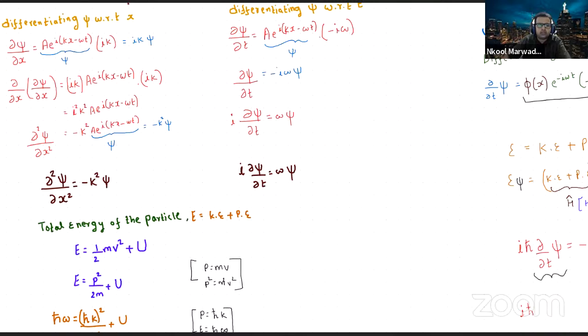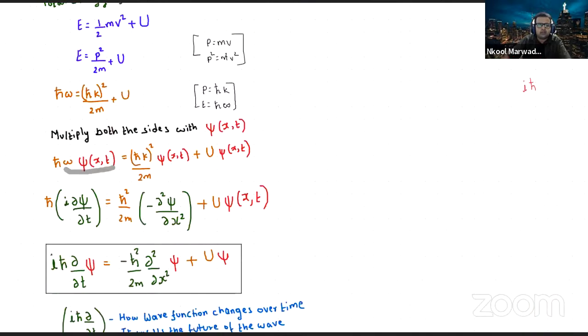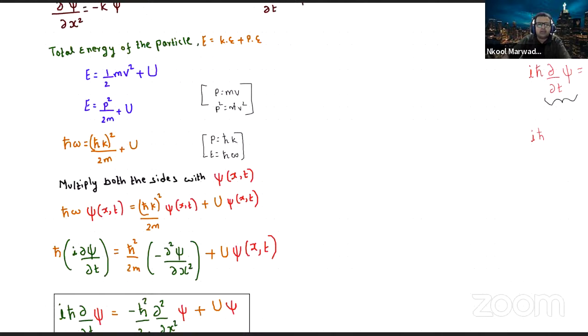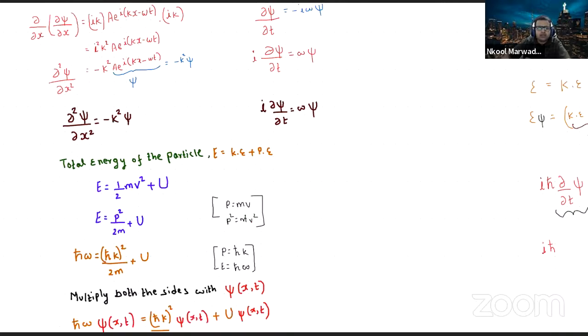Instead of this omega into psi, I have written this derivative. And similarly, this k square into psi is minus of the double derivative of psi with respect to x.